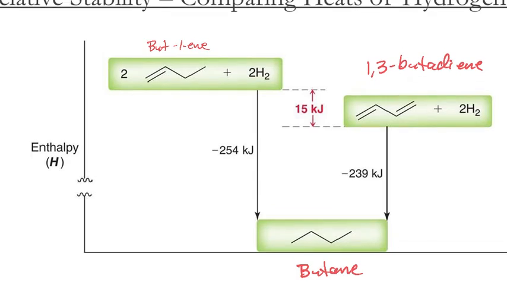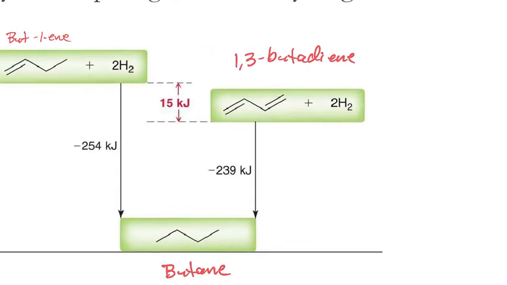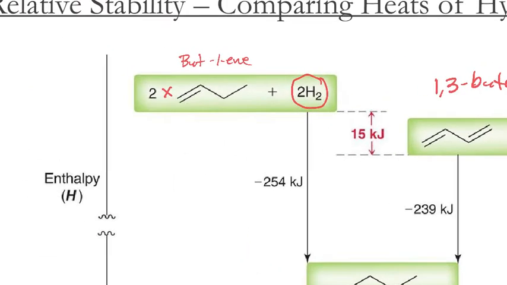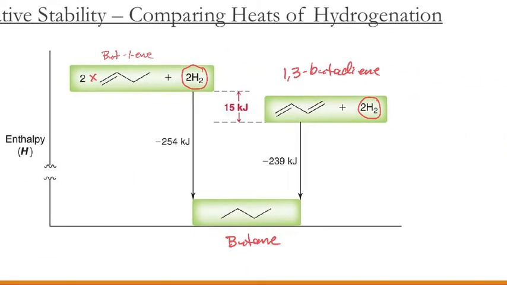Now you'll see that there's two molecules of but-1-ene versus one molecule of 1,3-butadiene. We're adding, therefore, two molecules of hydrogen to the two molecules of but-1-ene and two molecules of hydrogen to the one molecule of 1,3-butadiene to make, ultimately, butane.